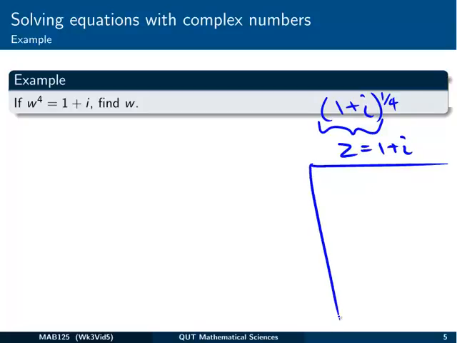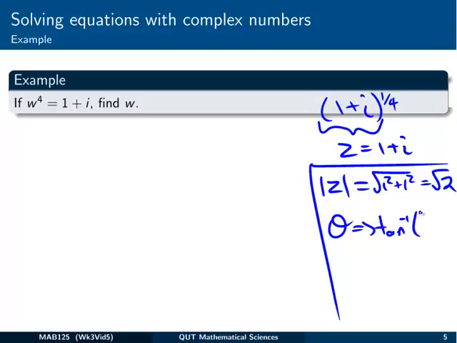Now I think we've done this before, but basically, for exponential form, we need the modulus, which is the square root of the real part squared plus the imaginary part squared, which is going to give us the square root of 2. And theta is going to be found by finding the inverse tan of y on x, or imaginary on real, 1 on 1.